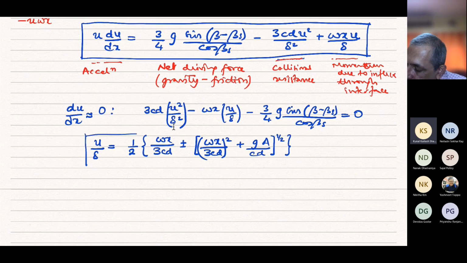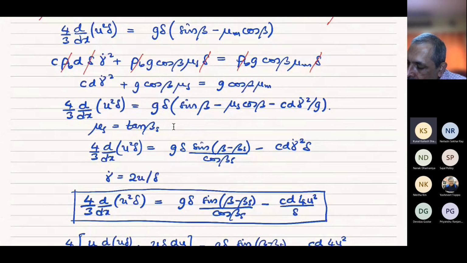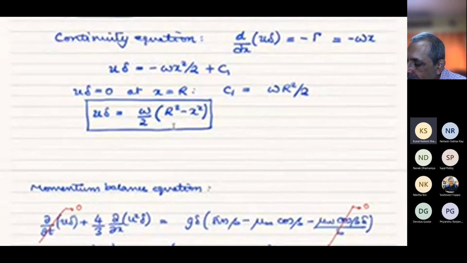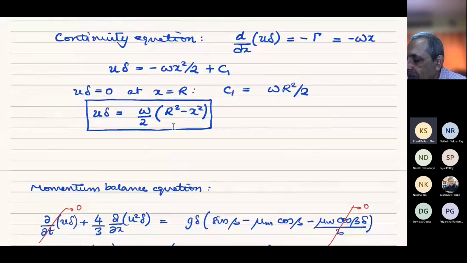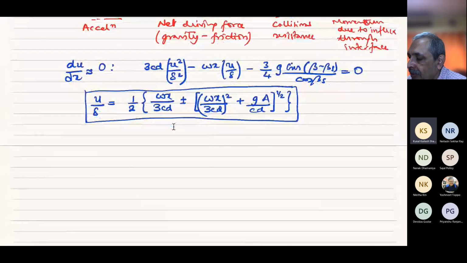Now we actually have two results. One says that u multiplied by delta is given by a function of x, r squared minus x squared, and then u divided by delta is another function.